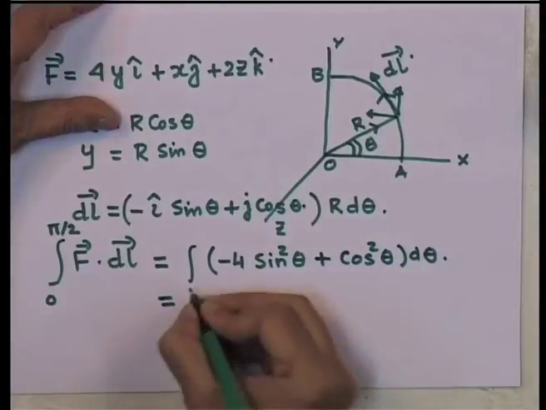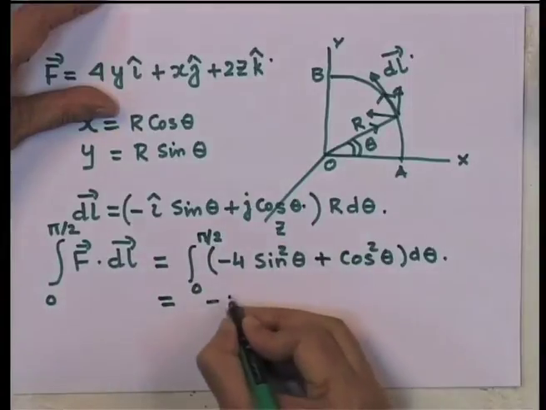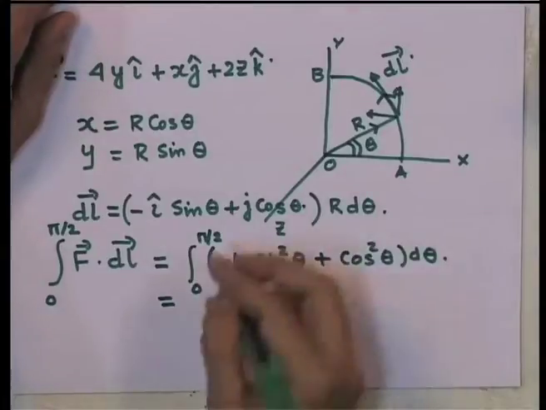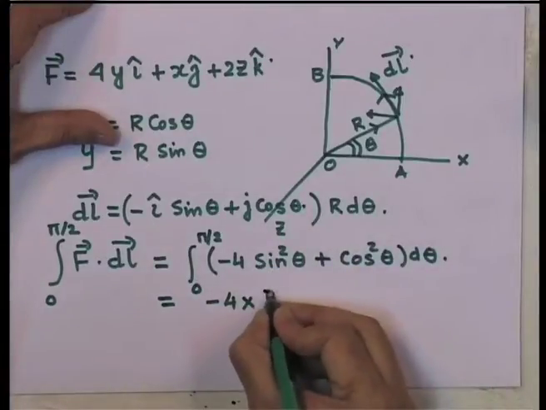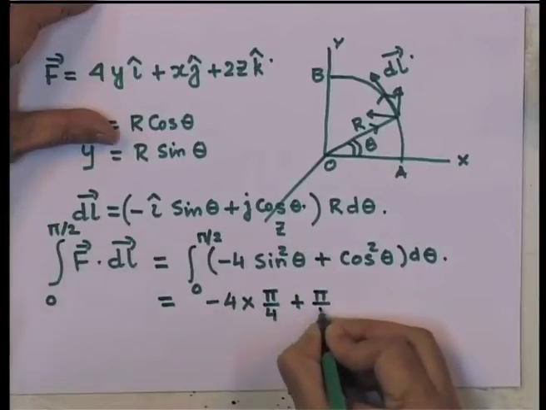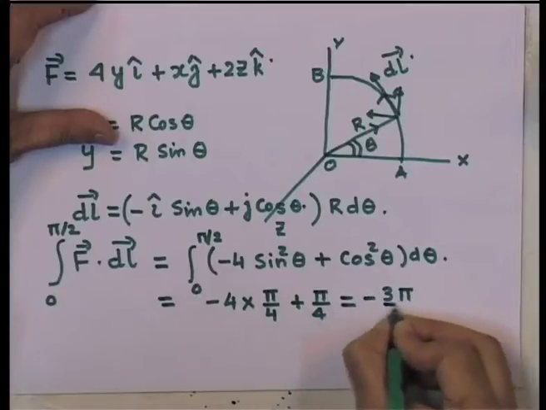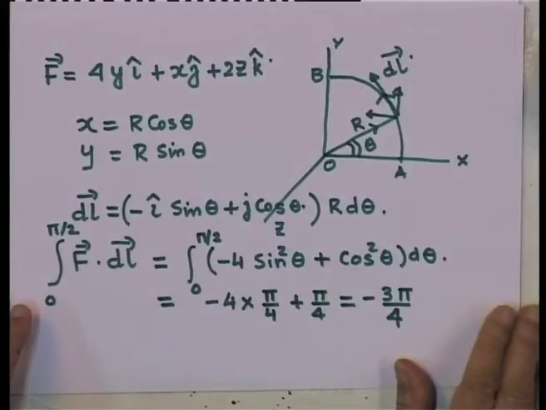You can compute this from 0 to pi by 2, you get minus 4 times the integral of sin square theta, you get a pi by 4 there and another pi by 4 here, which is equal to minus 3 pi by 4. Not a very difficult way to do things, but it takes a bit of time.